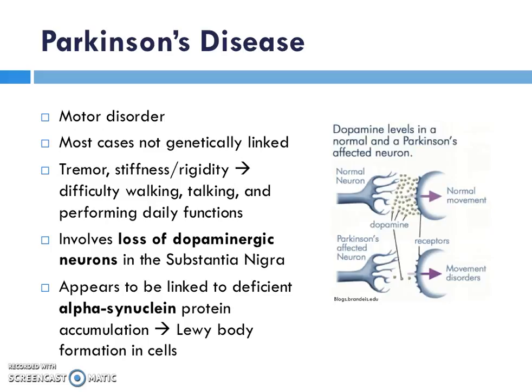But what we do know is that we have an accumulation, okay, of misfolded and misformed alpha-synuclein. So again, we're going back to the common theme of misfolded proteins, all right? So we have low levels of alpha-synuclein, or really, that is to say, low levels of the correctly formed alpha-synuclein.